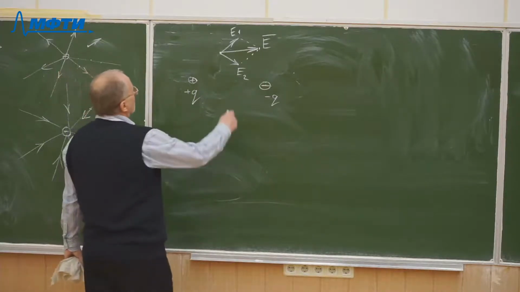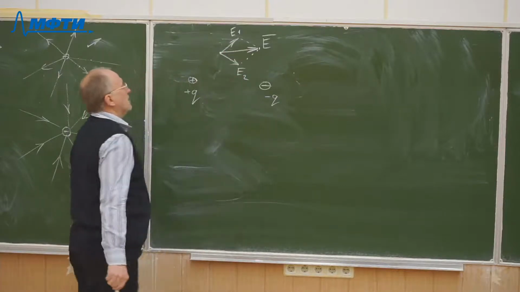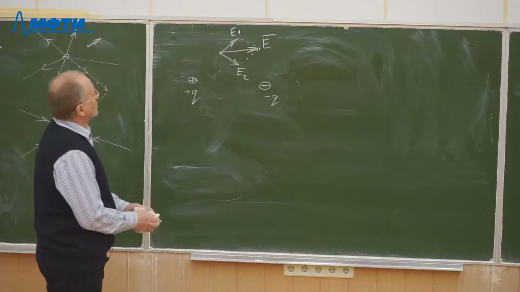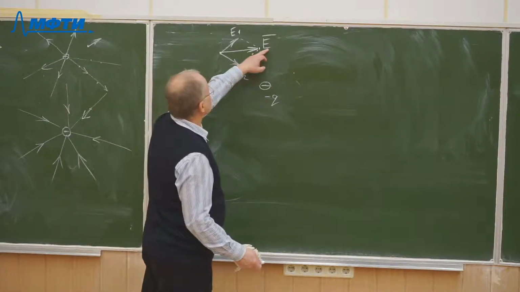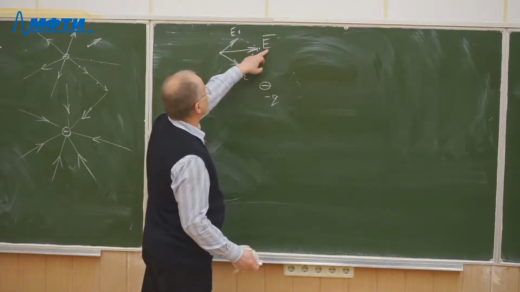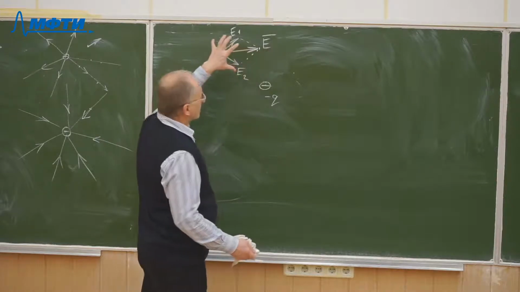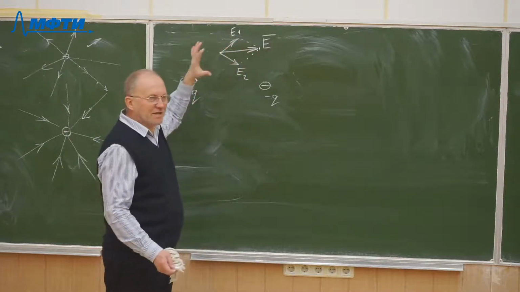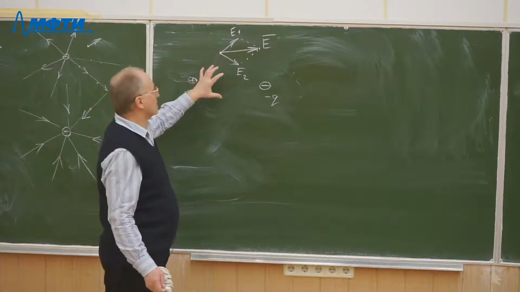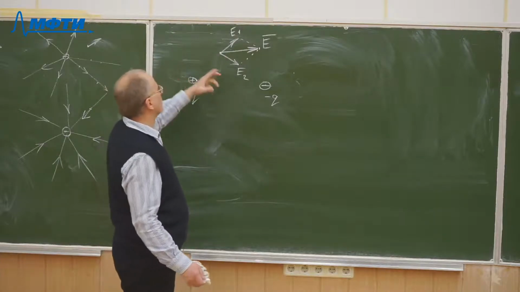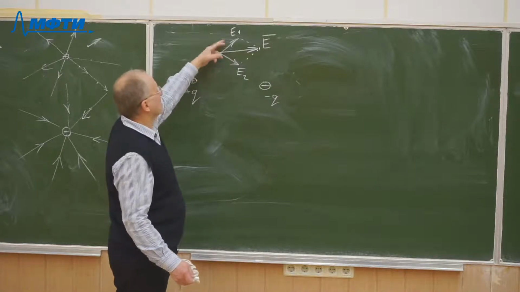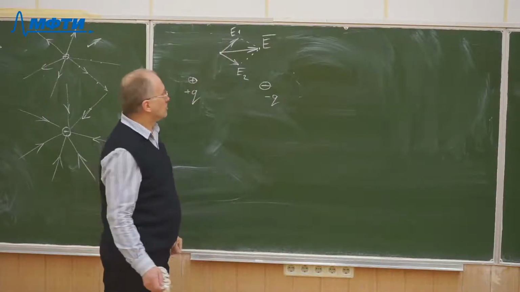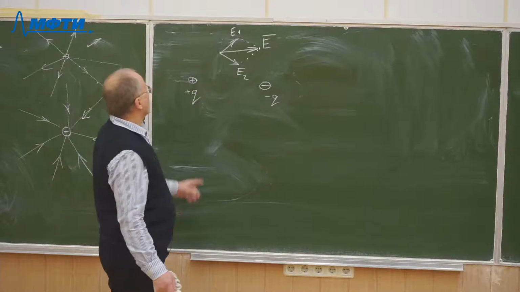And therefore, as forces are added according to a vector rule, the net force, the net field strength will be directed here. This should be considered as an experimental result. Experiments show that the forces acting on a probe charge add according to the vector addition rule.